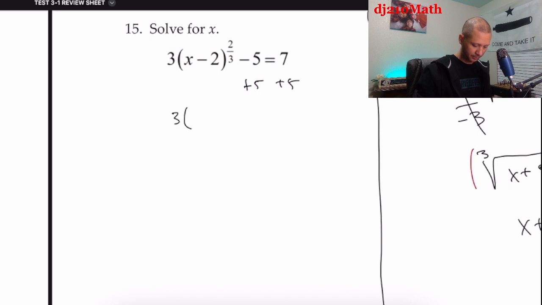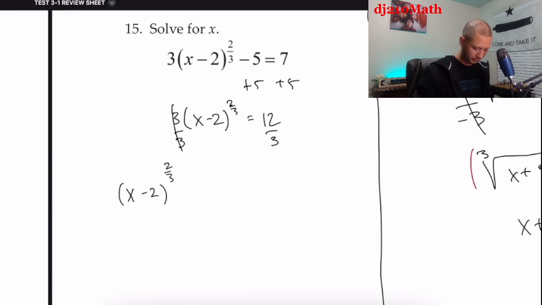So 3 times (x minus 2) to the 2/3 is equal to whatever 7 plus 5 is, 12. Okay, divide both sides by 3. Left side cancels. So I'm going to give myself some room because I'm going to do some writing. (x minus 2) to the 2/3 is equal to 4.